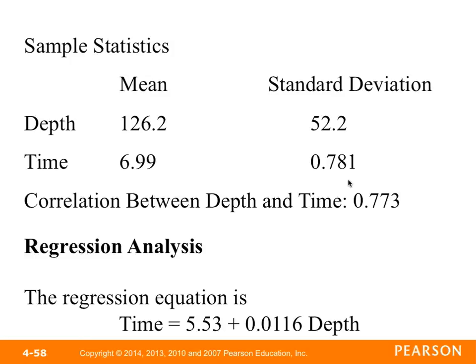So the correlation between depth and time, we already had calculated that. That was 0.773. And then using our regression analysis, we came up with an equation of time equals 5.53 plus 0.0116 times our depth. 0.0116, that was our slope. 5.53 was our y-intercept.